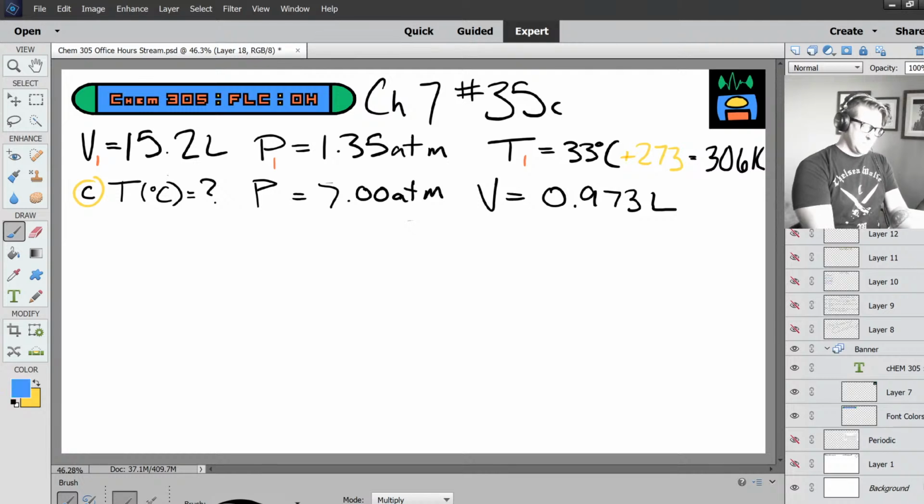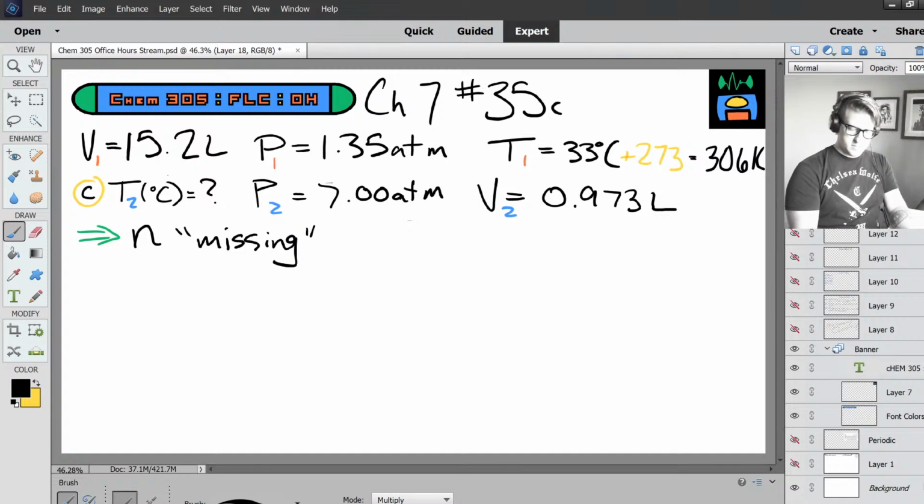This is T2, P2, and V2. You'll notice here that moles are missing. It's because in this problem, they're constants. All right, so they just drop out.